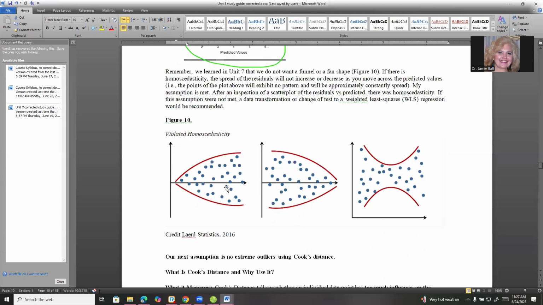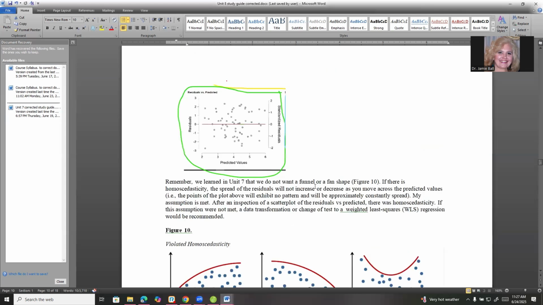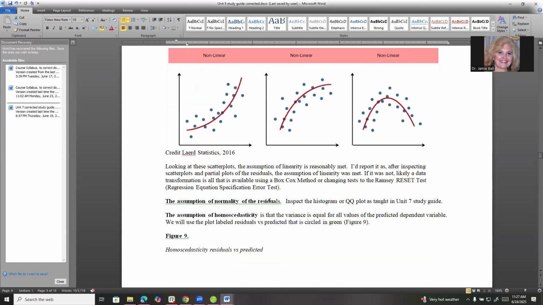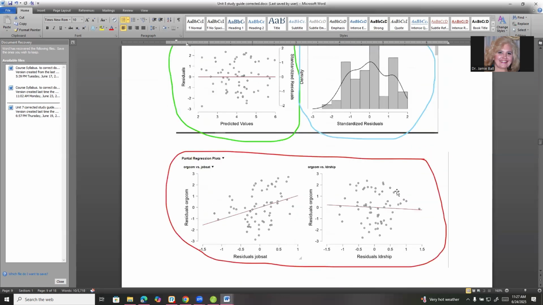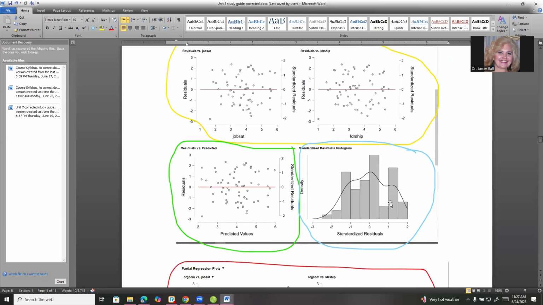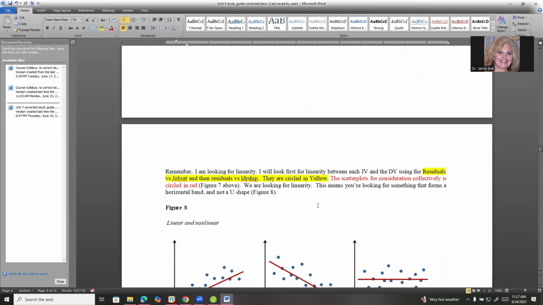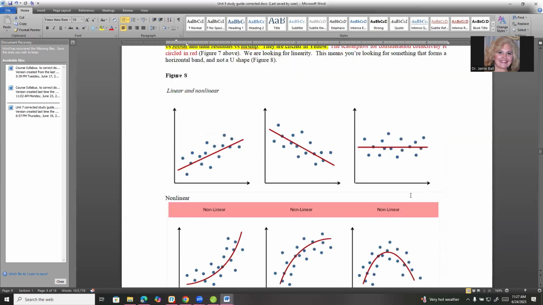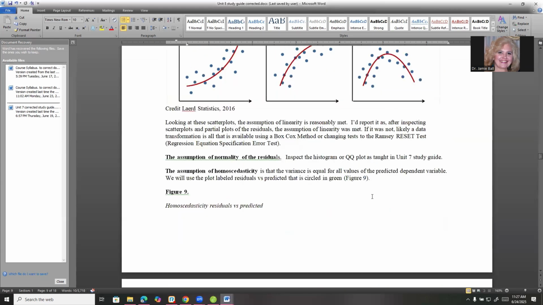This would be violated homoscedasticity. Okay. And then I told you we can look at the normality of the residuals. I'd call this approximately normal. It's not perfect. So I would say the assumption of linearity is met. I would say the assumption of homoscedasticity is met.